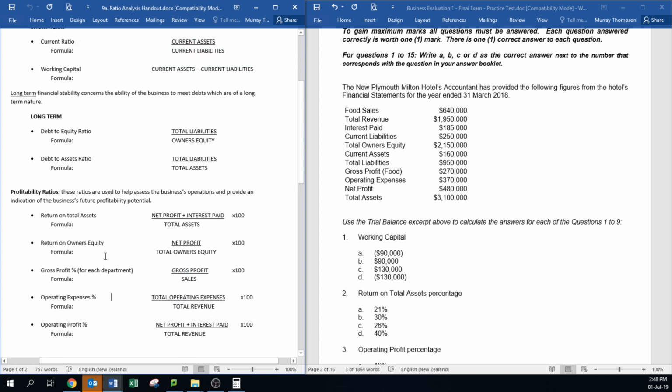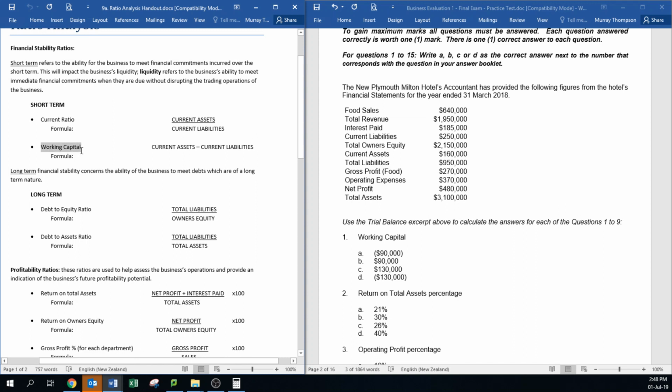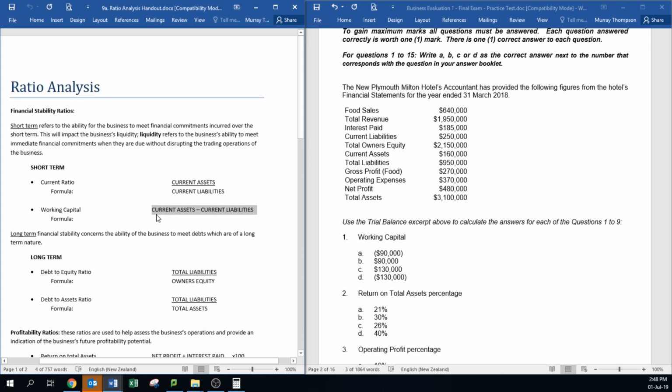They are your 9 formulas. Identify which one you need, in this case working capital, and then read across. This one says current assets minus current liabilities. So let's identify each of those items.